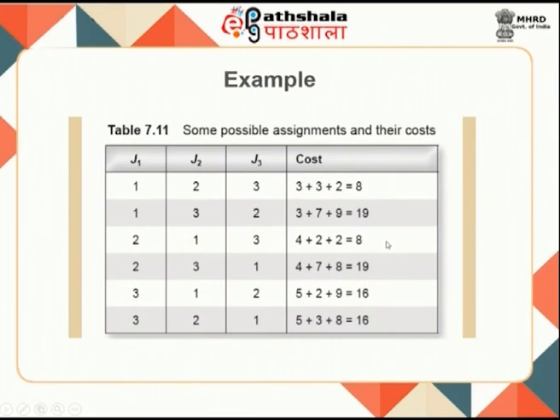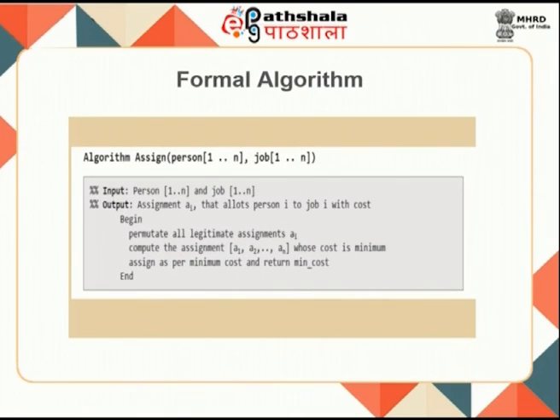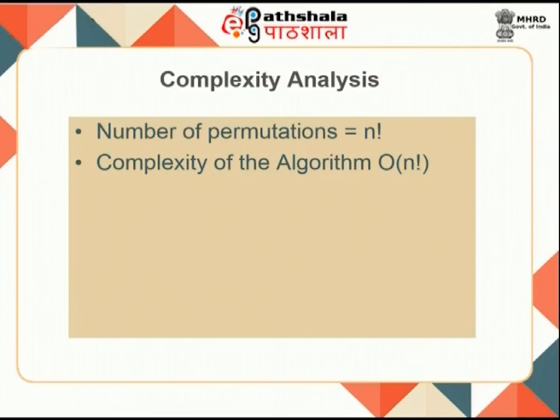Again, this problem involves generation of all possible assignments like this, and you can see that out of all of them the maximum profit is 19, associated with the assignments 132 or 231. This is the informal algorithm, and this is the formal algorithm, where all the assignments are carried out along with the cost, and finally the least cost solution is preferred.